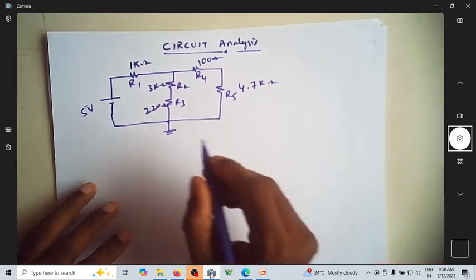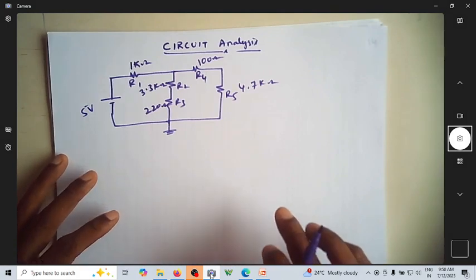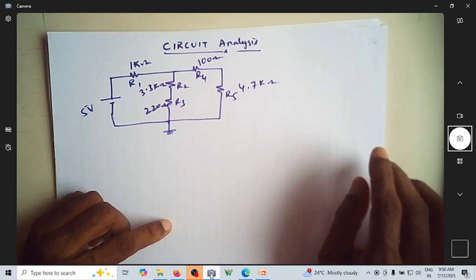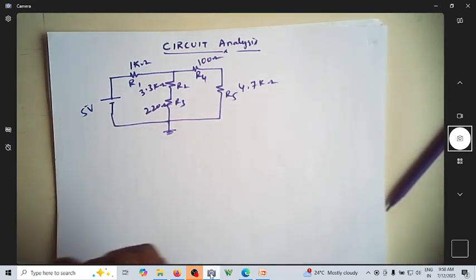Let me just take this as 3.3k, which are standard values of resistance. We shall try to find out what the loop current is.